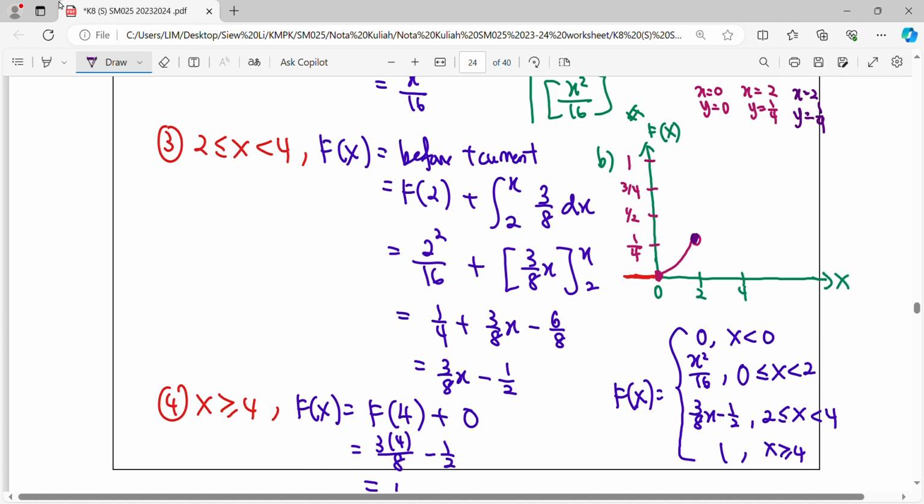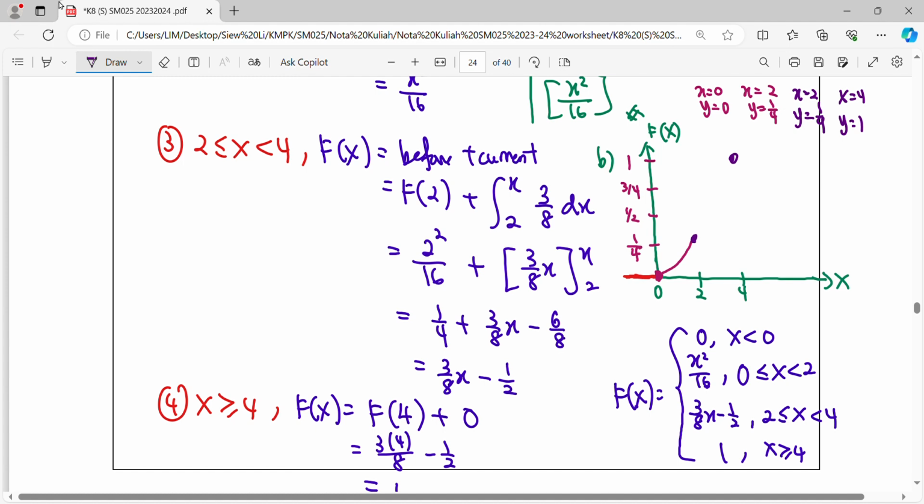Then when x equals 4, your last point, what's your y? 1. Just now the point was not equal, but now it's equal, so it becomes continuous already. For the second piece, it is equal back. So this point is continuous already.